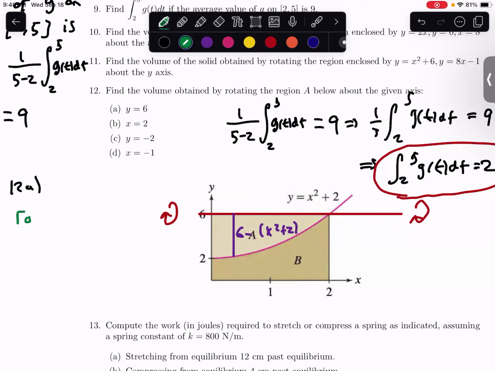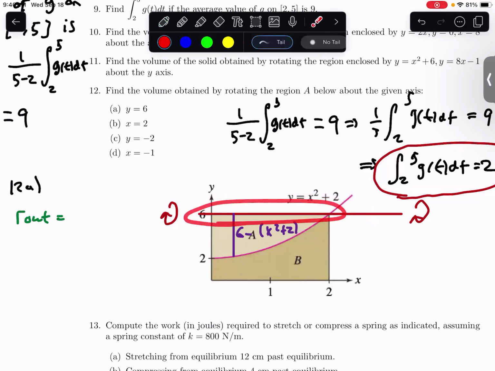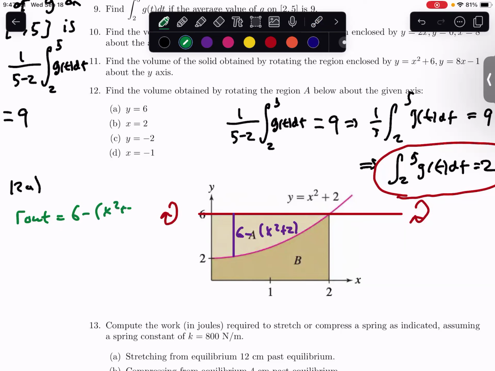The outer radius is the distance from our axis of rotation to the curve here. This is just equal to 6 minus x squared plus 2, which is really just 4 minus x squared.